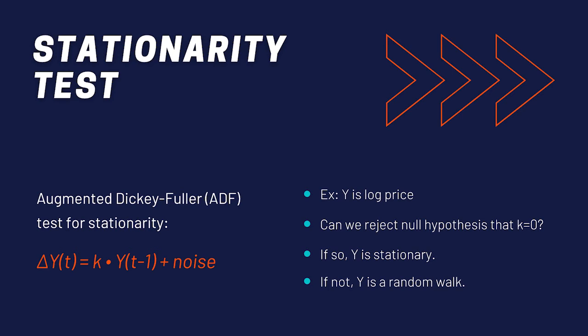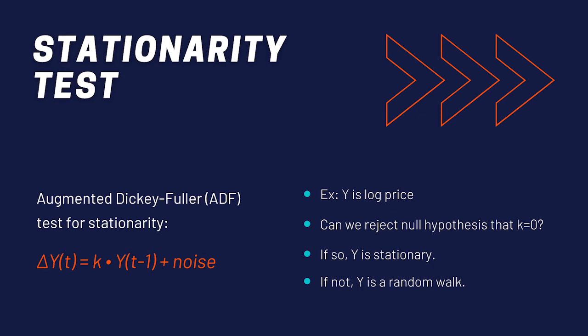Now, if this price series is a random walk, well, a random walk is not stationary. A random walk can go to infinity. Eventually, a random walk will go to infinity. So if y is the log price, it can go up 10 times every decade, like Amazon.